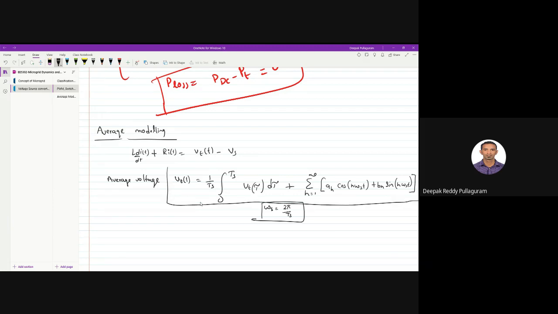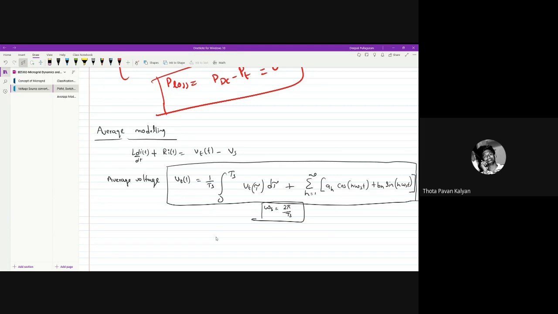Those who have done some signals and Fourier transforms, we use this even in electrical measurements, not only electric networks. Isn't it? Average modeling of a square wave based on the operational time.